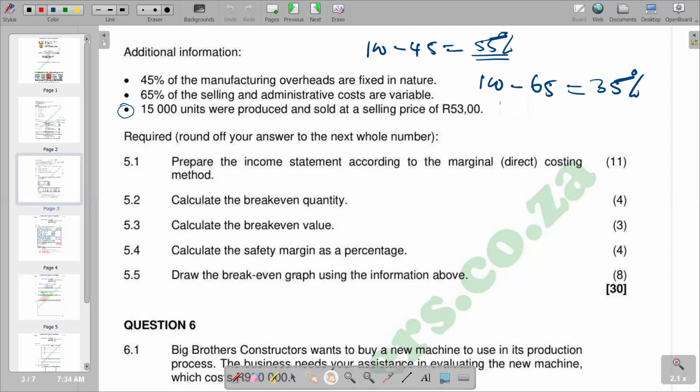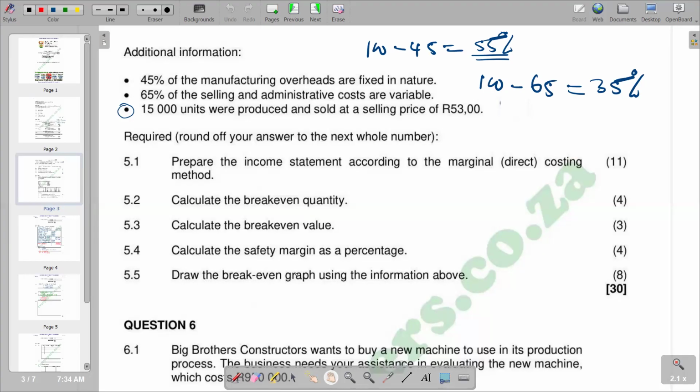What is important for you is to identify where you have your break-even value, where you have your break-even quantity, and also the sales value figure and the quantity that has been produced. Those are some of the variables we are going to see being indicated on our graph.